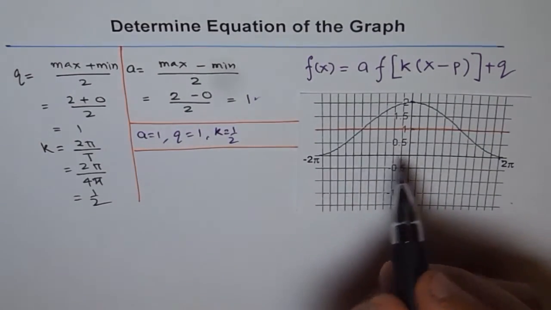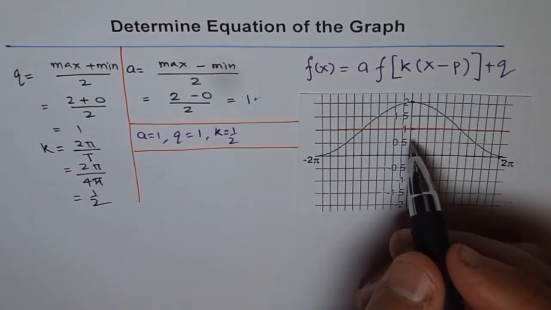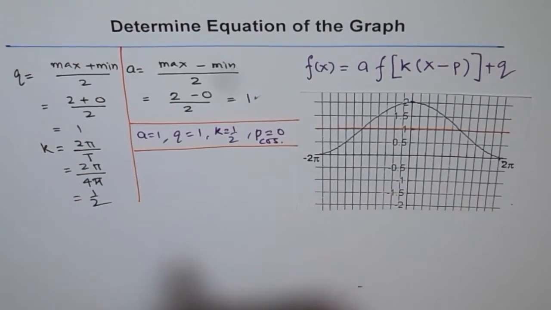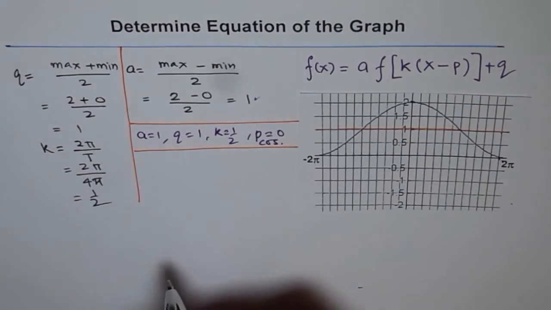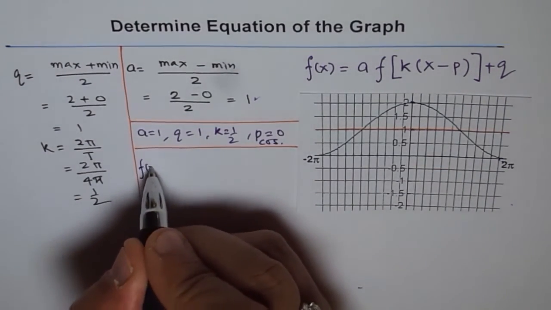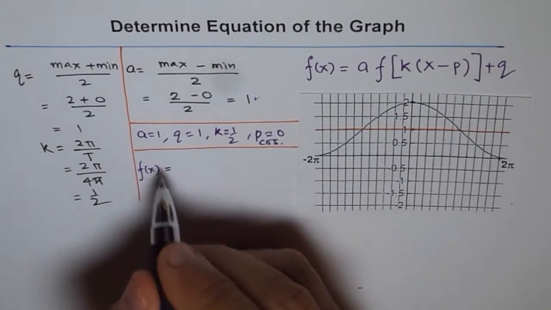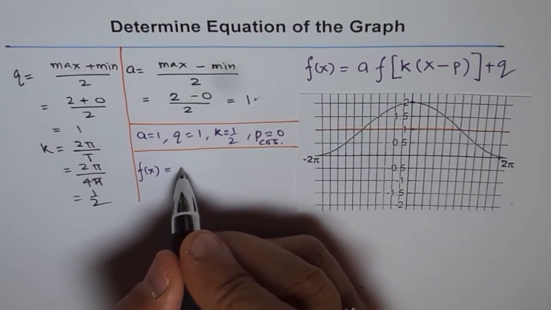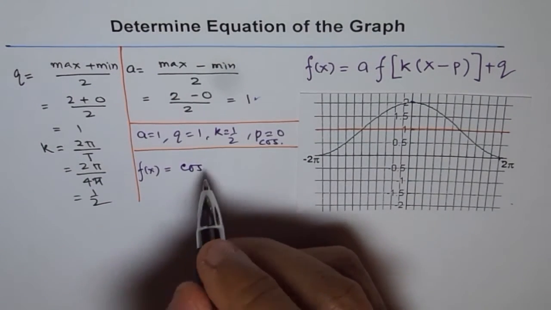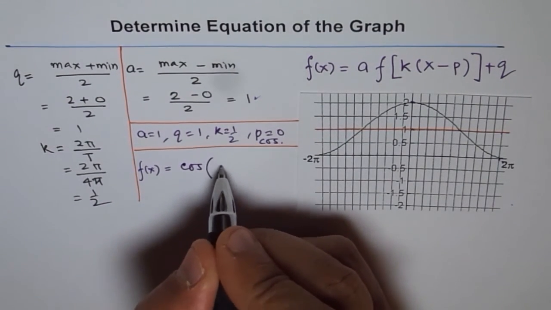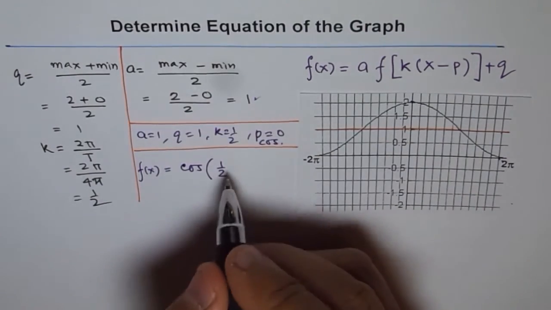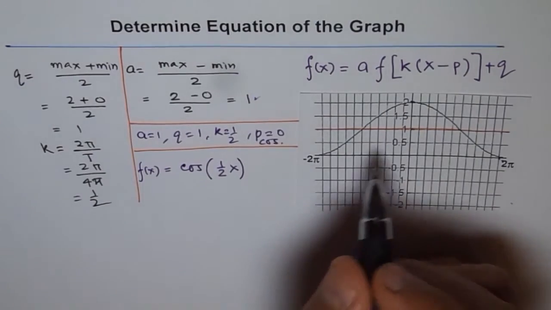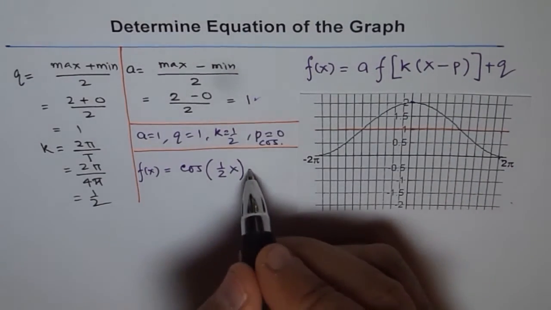And the phase shift, if we take cosine, is zero, so p equals 0 for cosine. So we write this function as a cosine function: f(x) equals, a is 1, so no need to write 1, cos of, k is half, so in brackets, half x. It starts from the maximum, so p is 0. And q, it moved 1 unit up.